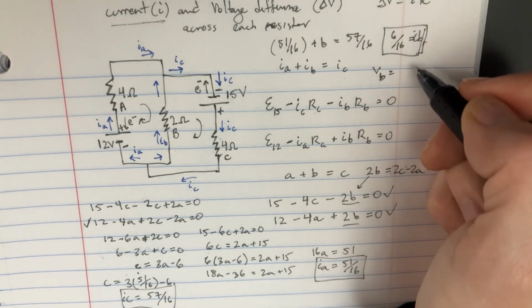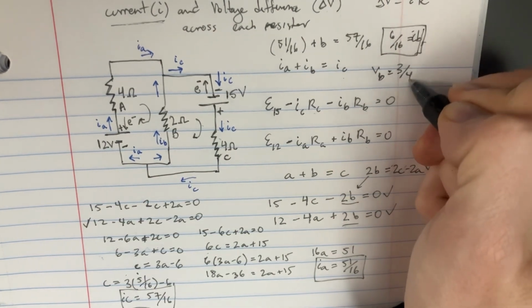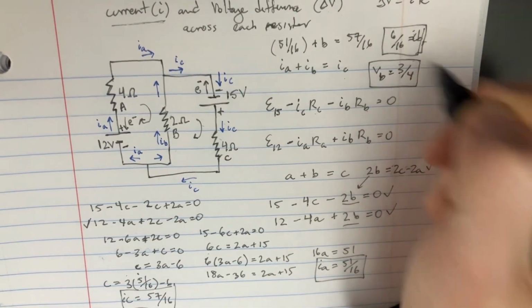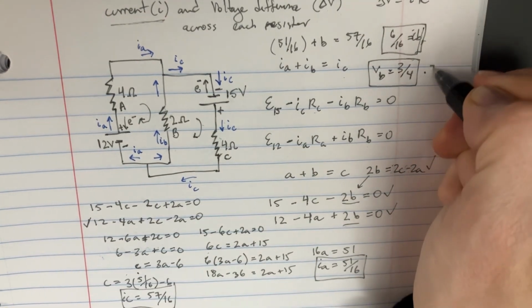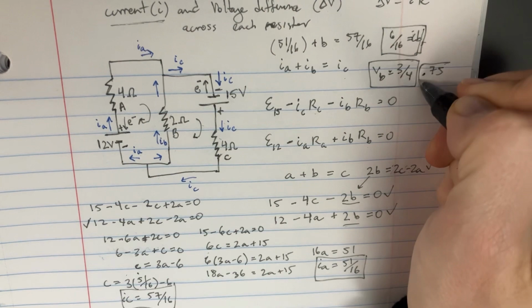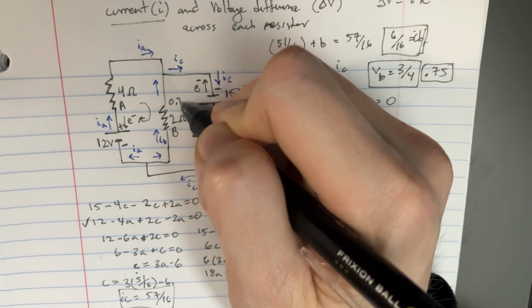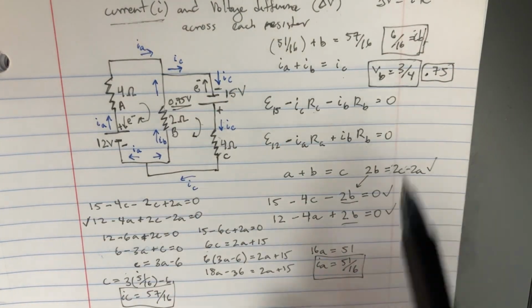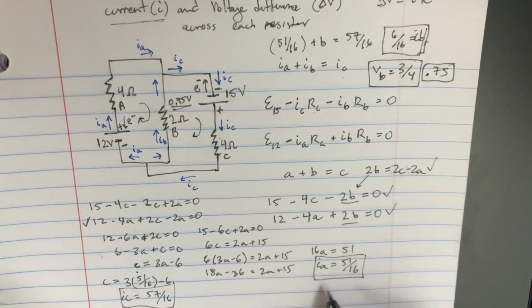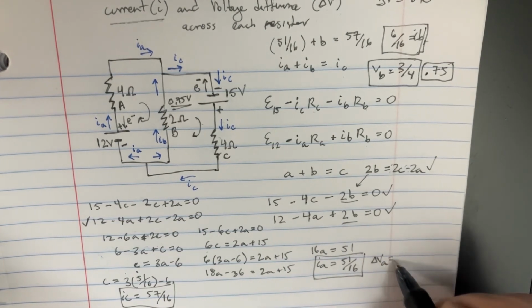That would be more like 6 over 8 or 3 over 4. For the voltage there, I guess we would represent that by 0.75. We might have to add this up just to see if it's true in the end.